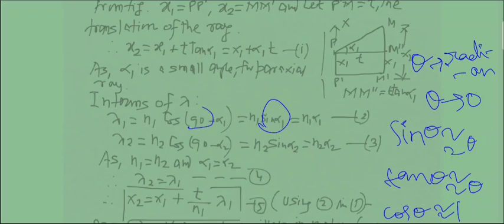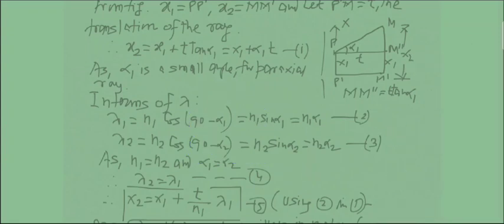So writing 90 over here is wrong. You should write pi by 2, because 90 degrees is pi by 2 in radian. So make a correction over here, just write pi by 2 instead of 90.